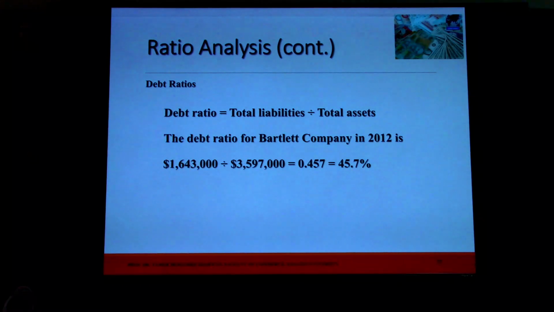One of the very famous ratios related to this section is called the debt ratio, which is equal to total liabilities divided by total assets. In our example, total liabilities divided by total assets gives us about 45.7%.